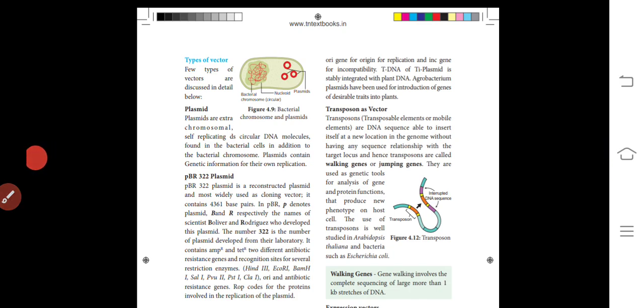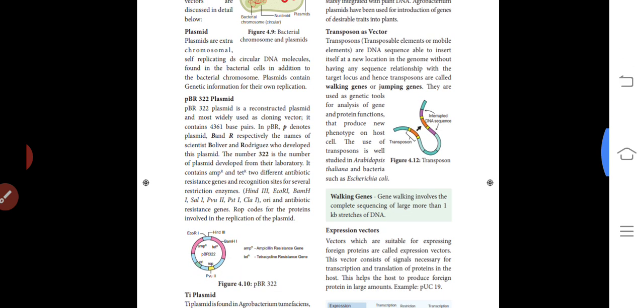A few types of vectors are discussed in detail below. First one is a plasmid. Do you remember from the 11th standard what a plasmid is? A plasmid is an extrachromosomal, self-replicating, double-stranded circular DNA molecule found in bacterial cells.